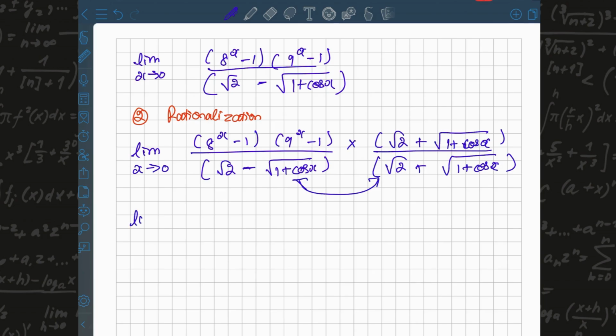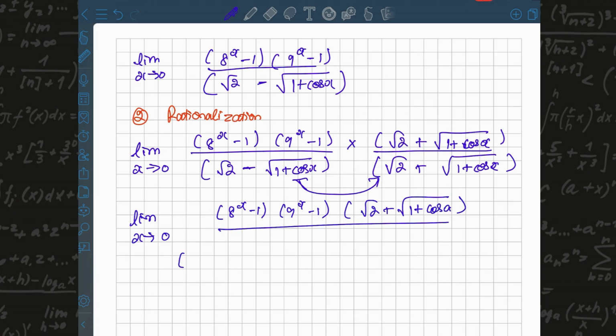Limit x tends to 0, (8^x minus 1)(9^x minus 1)(root 2 plus root of 1 plus cos x), and using the identity, you guys know the identity but still I'm writing it: (a plus b)(a minus b) is nothing but a square minus b square.